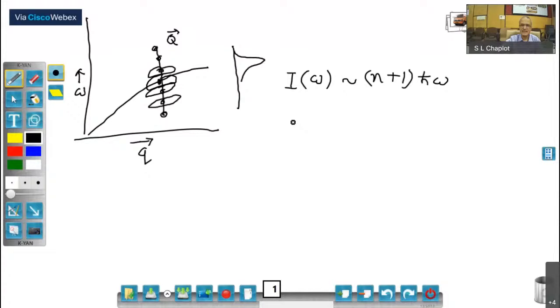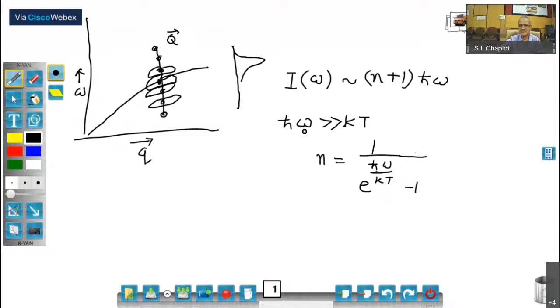Let's say my frequency is small compared to kT, and n is 1 over e to the power h cross omega upon kT minus 1.